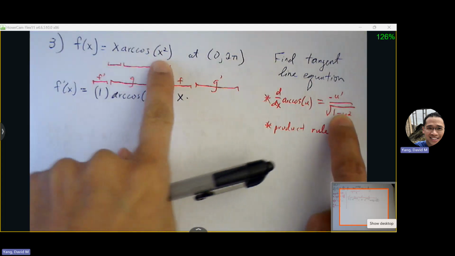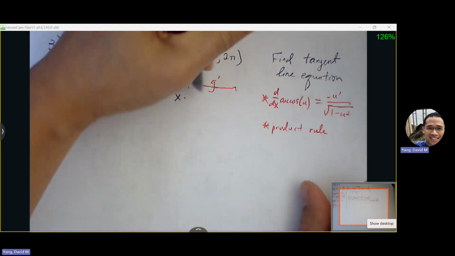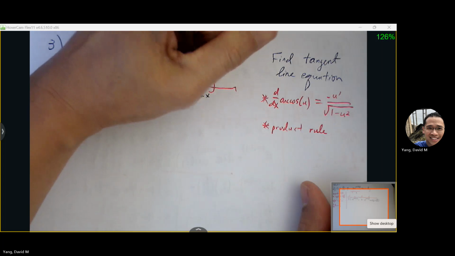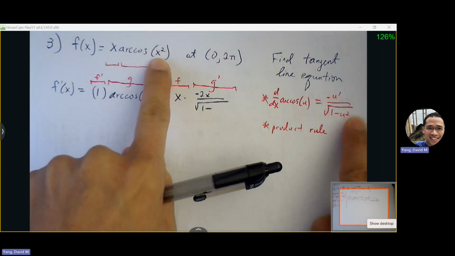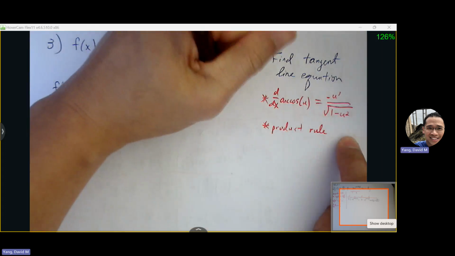Negative u prime over square root of 1 minus u squared. My u value is x squared. One minus u squared, x squared squared. So that's x to the fourth.